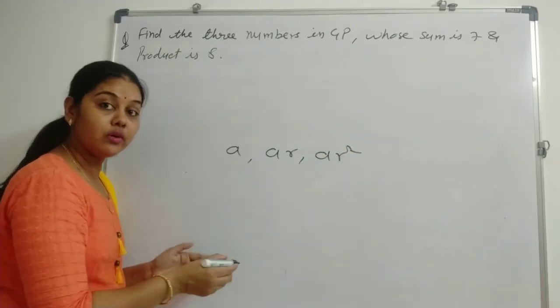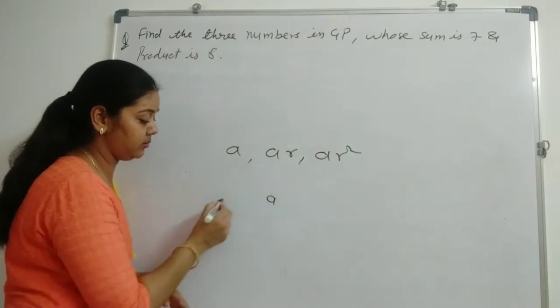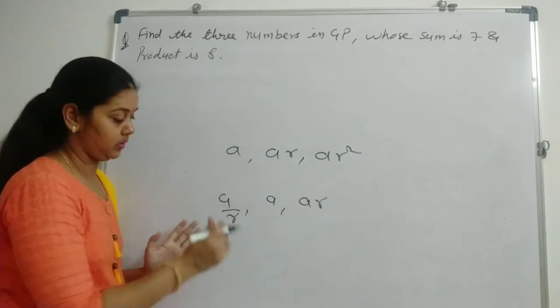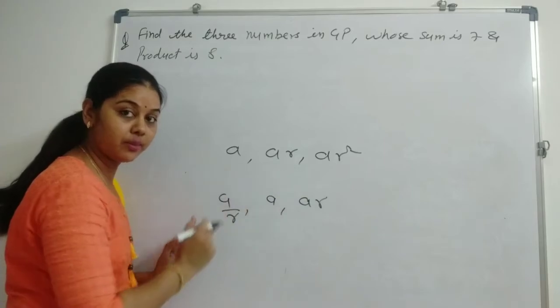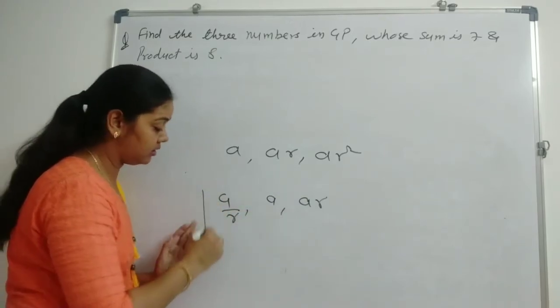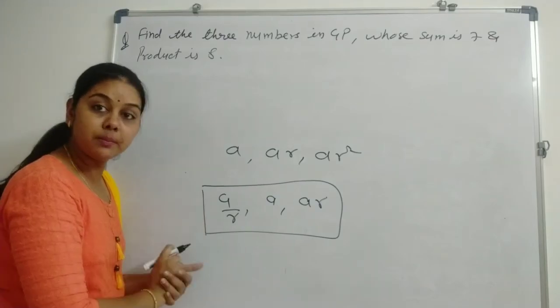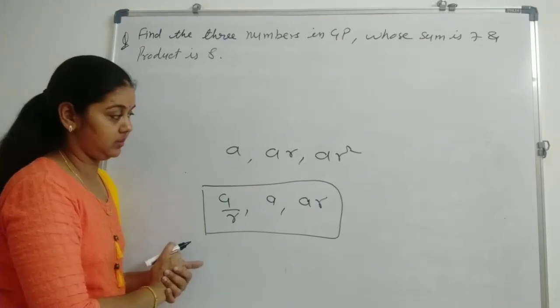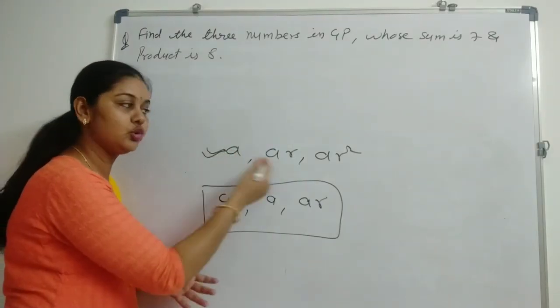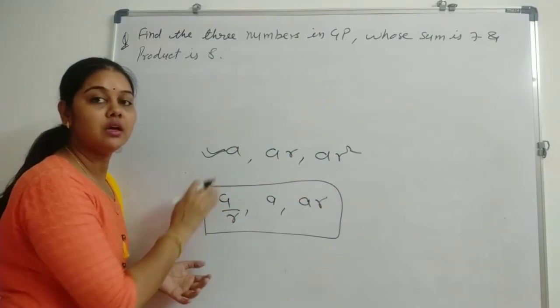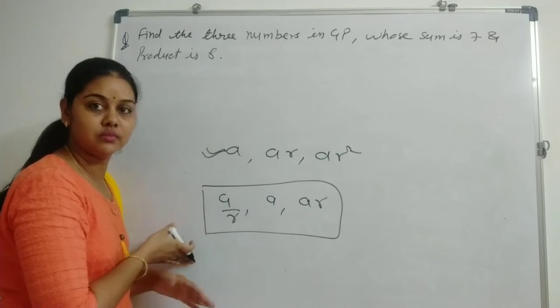No. I will take A upon R, A and AR. Each term we get when I multiply with R, and by letting the terms in this way, the simplification will be easier. I can let three terms in the other way also, but the simplification will be longer than this way.